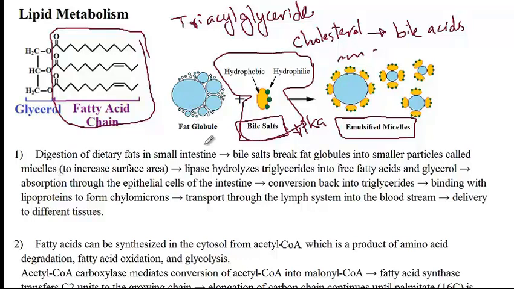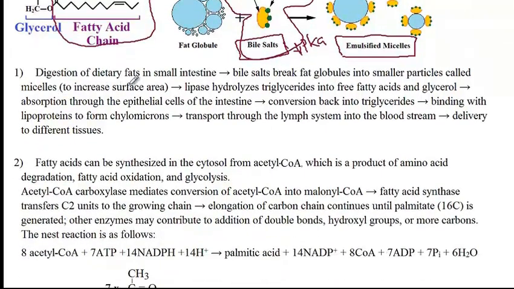Alright, so moving on. Digestion of dietary fat in the small intestine: the bile salts break the fat globules into smaller particles called micelles, and the purpose of that is to increase the surface area. At this time, the lipase hydrolyzes the triglycerides into free fatty acids and glycerol.